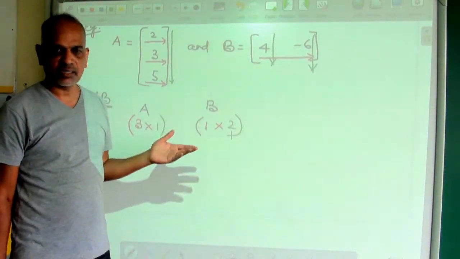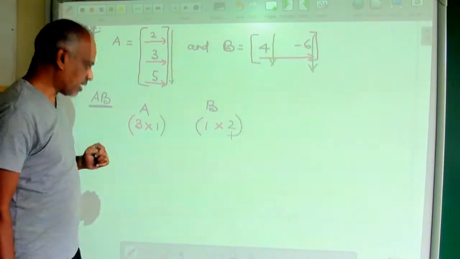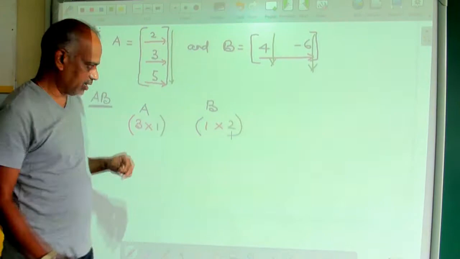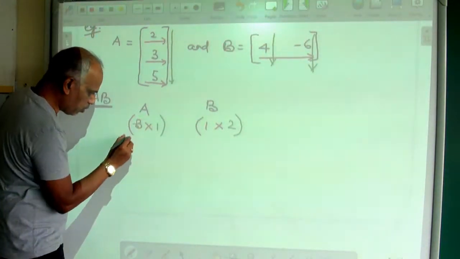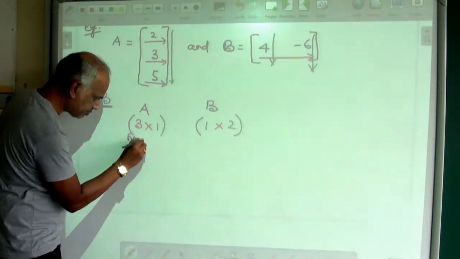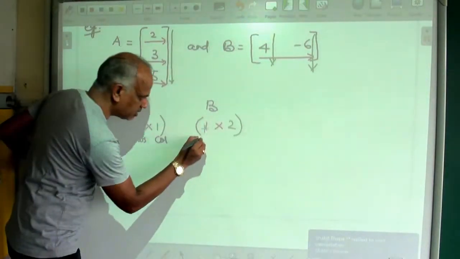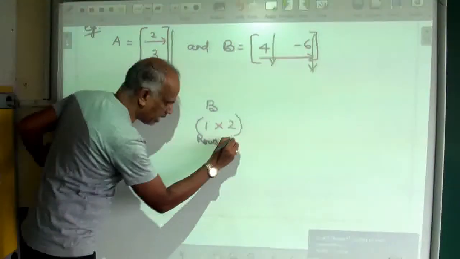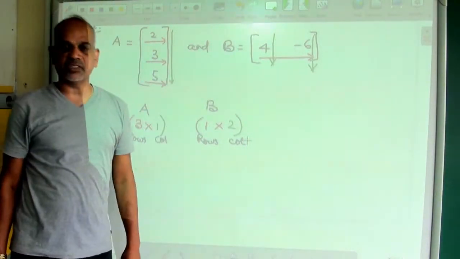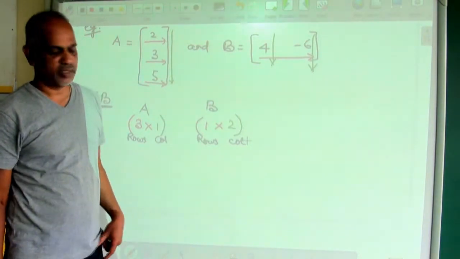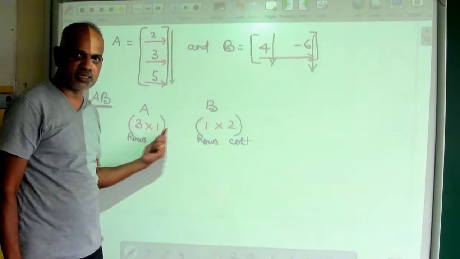But you also have to check whether you can multiply them or not. To check whether two matrices can be multiplied, look at the order. These are rows of the first one, and these are columns of the first one. And these are rows of the second one, and these are columns of the second one. Matrix multiplication is possible only if the columns of the first matrix and the rows of the second matrix are the same.